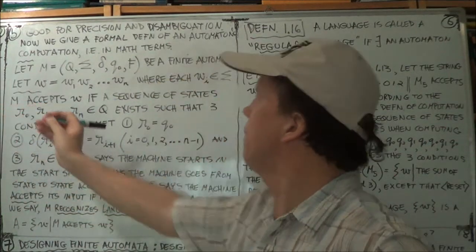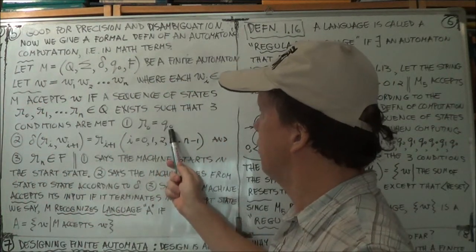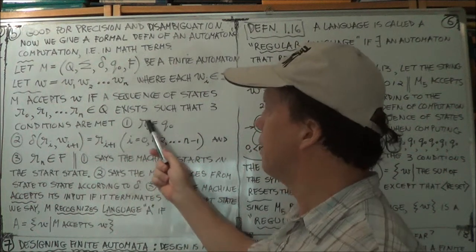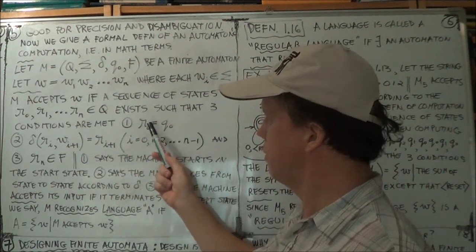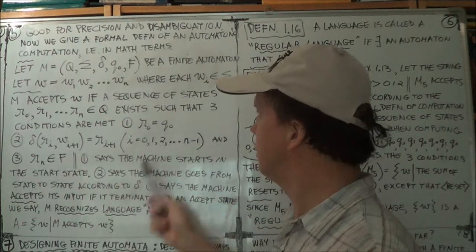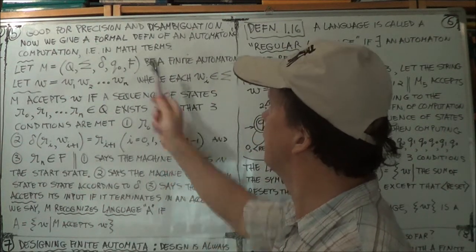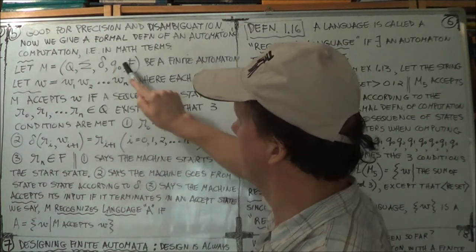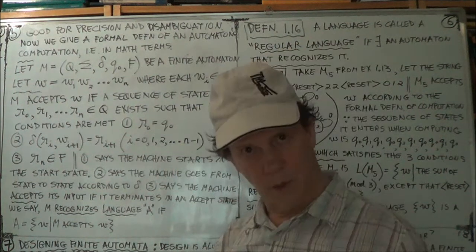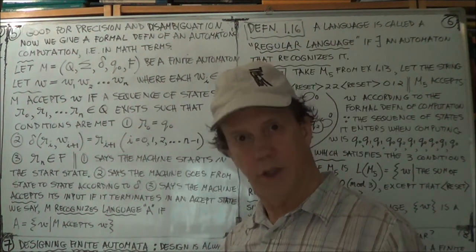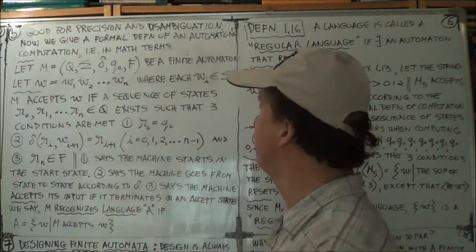Time is running this way, okay? So R0 will be Q0. That's just saying that the machine's starting state will be the start state Q0 specified in the 5-tuple, the formal definition of the automaton.